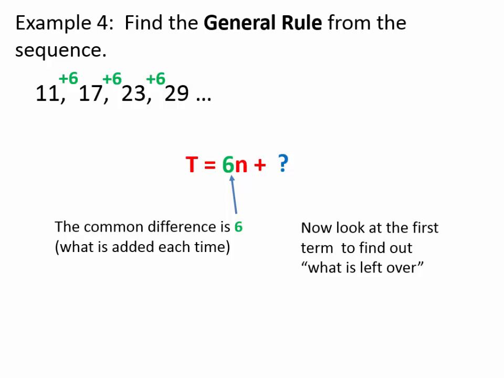So the first term, when n is 1, is 11, and we know that 11 is going to be 6n plus something. Now n has a value of 1, so 11 equals 6 times 1 plus question mark. And that question mark has to be 5, because 6 plus 5 is 11. So we can replace that question mark with 5, and our general term is t equals 6n plus 5.